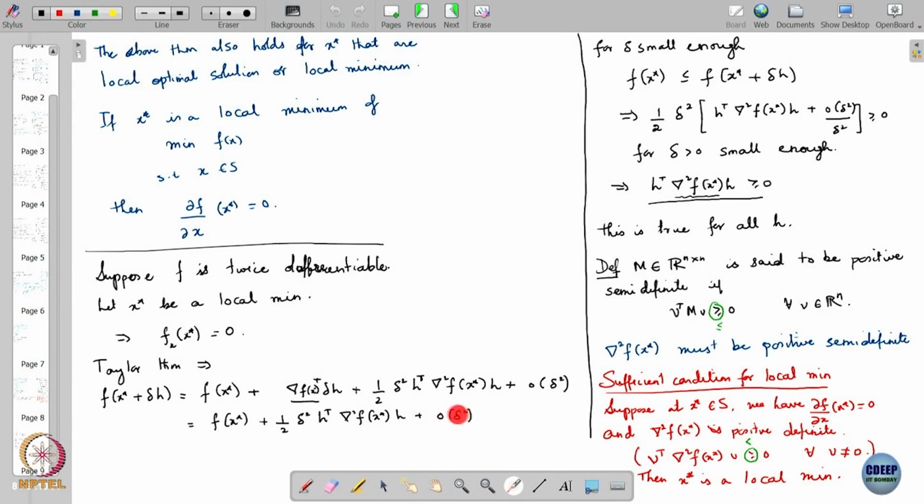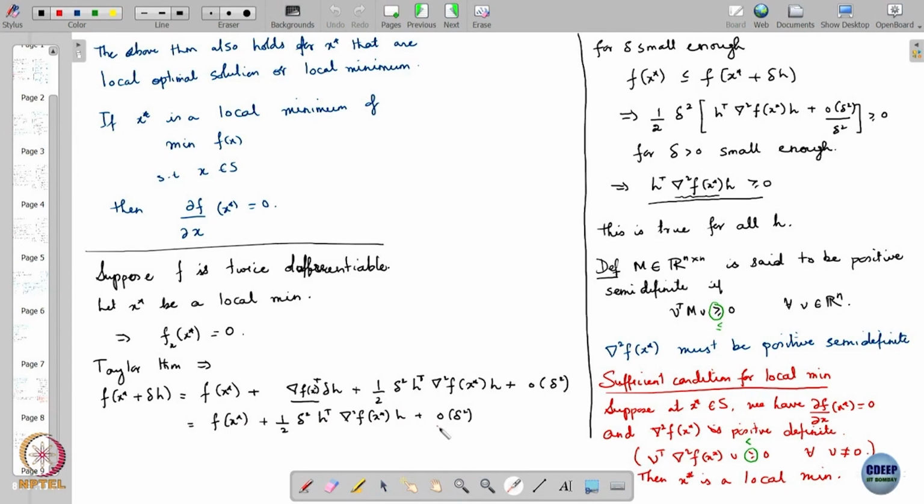Now, how did we get here? We got here by using that the first order term, the linear term in h, is actually 0 because the gradient of f at x star is equal to 0. So, this term vanished and you are left with only this term.